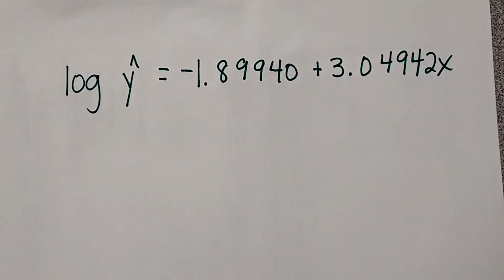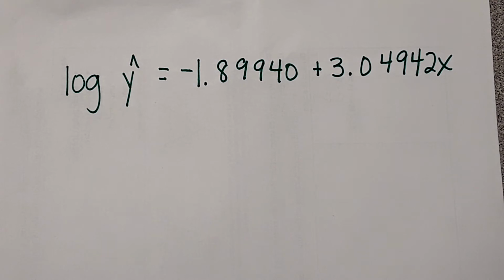Okay, here is another example, okay? This is probably going to be our last exponential model for today, and then we're going to do some power models. Okay, so is this an exponential model or another model?